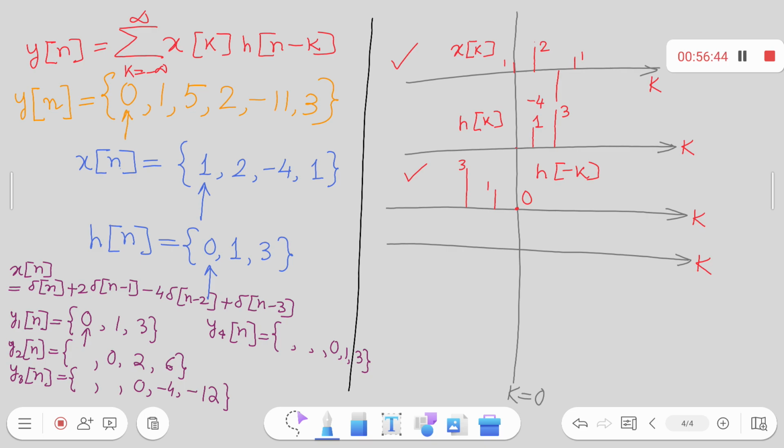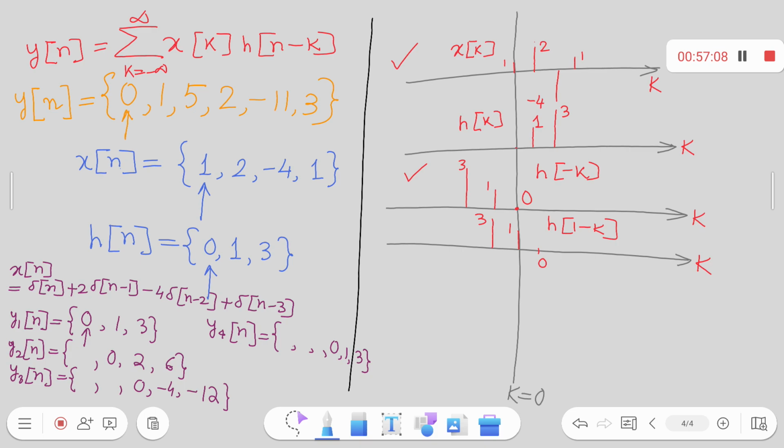How does it look? You shift this entire thing by 1 unit in the positive direction, right hand side direction. So there you have 1, there you have 3, and here you have 0, called h of 1 minus k. Okay? Alright.